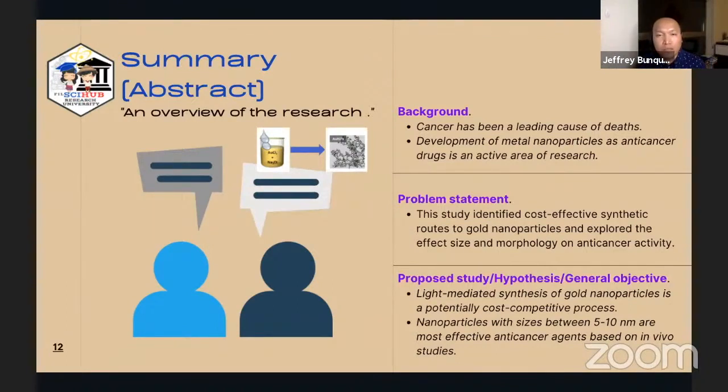So the study is about development of anti-cancer treatment drugs. So una-una, cancer has been a leading cause of death. So kung makikita niyo po dito, you started with a very broad statement, and then after that, you can follow it up with the development of metal nanoparticles as anti-cancer drugs as an active area of research. So from cancer, which is a very broad topic, you actually narrow it down by talking about anti-cancer drug development.